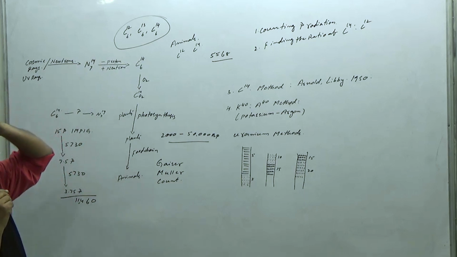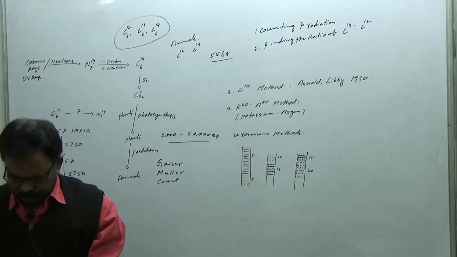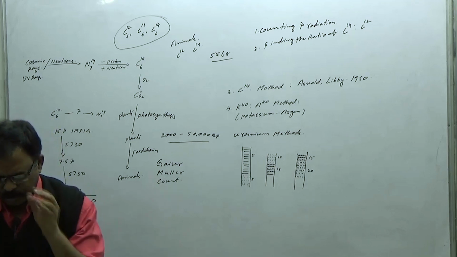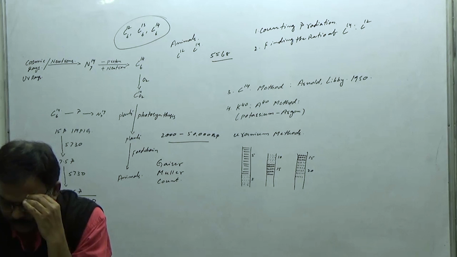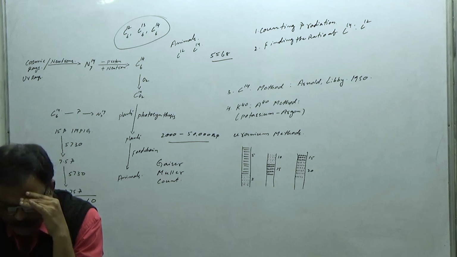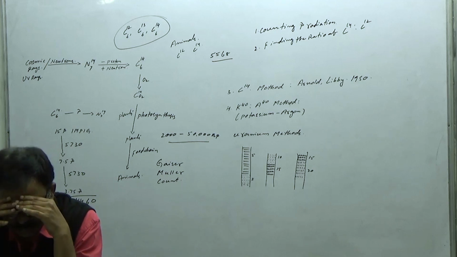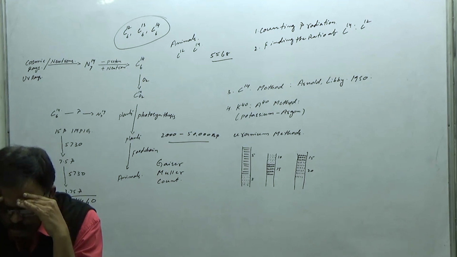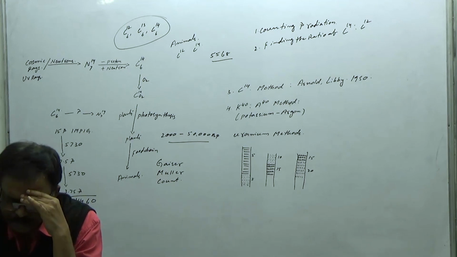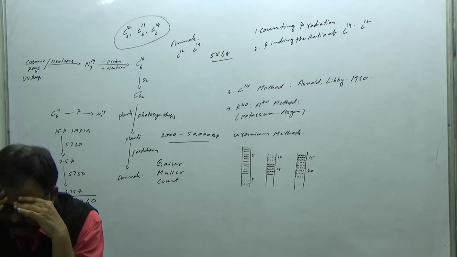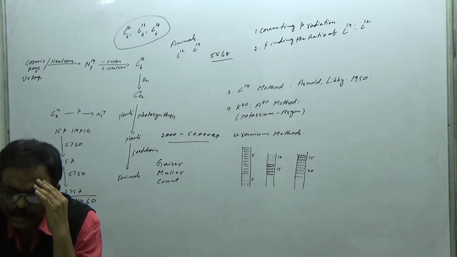Next, finding the ratio of C14 and C12. In all living organisms, the C14 and C12 ratio is similar to that of the atmosphere.